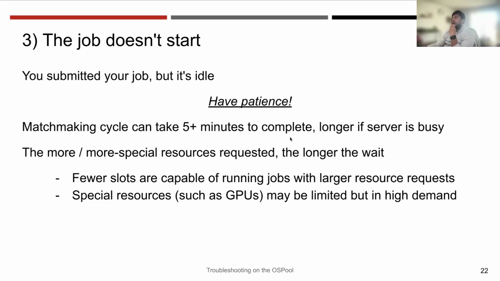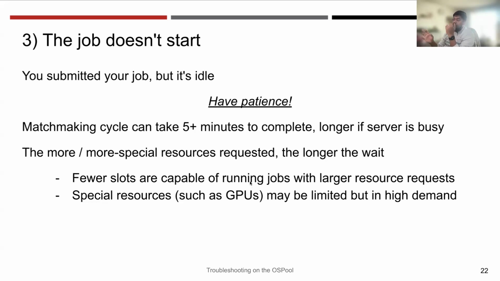But if your resource requirements are higher, or you are requesting specific resources like GPUs, those are definitely going to be limited in the pool and are usually in high demand. Someone else may be using those resources and your jobs may have to wait. And if you request more cores or higher memory, the same thing applies: there will be fewer slots that match your job's resource request.